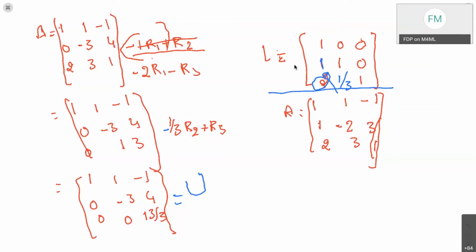What you just do is very simple: make the diagonal elements 1 and make the upper triangle zeros.